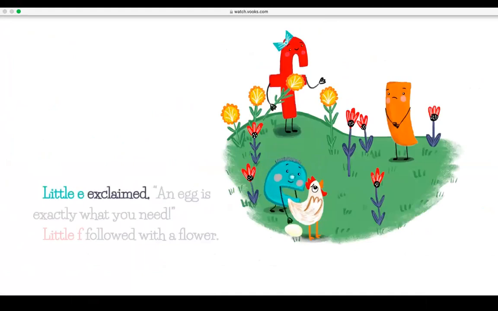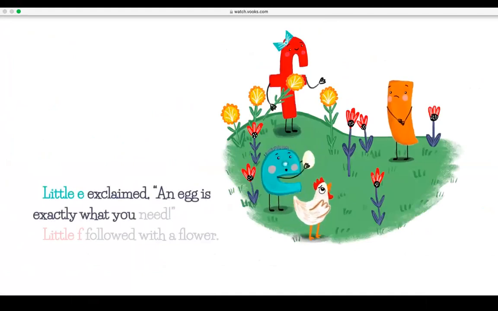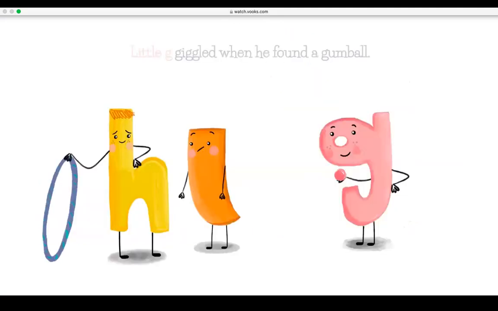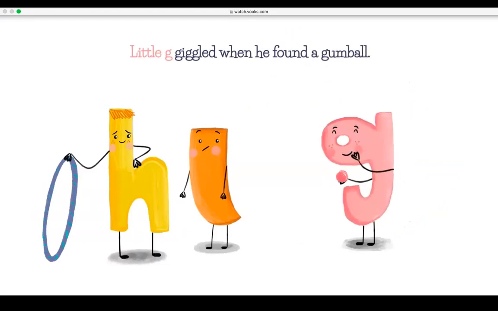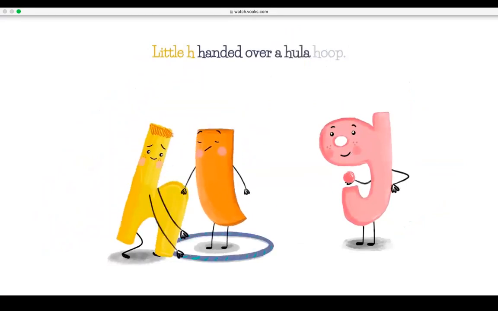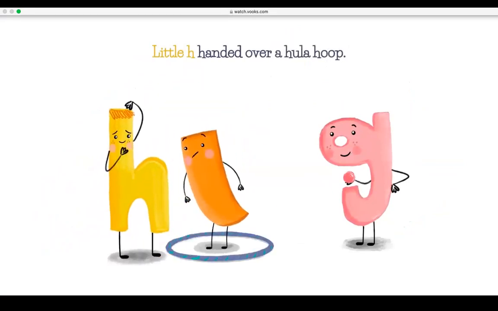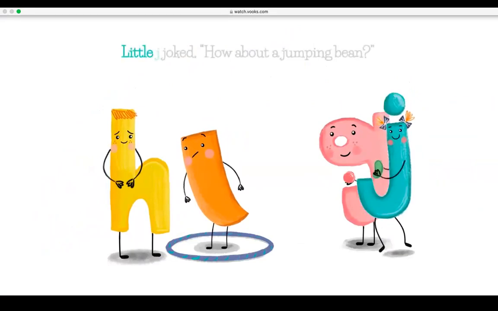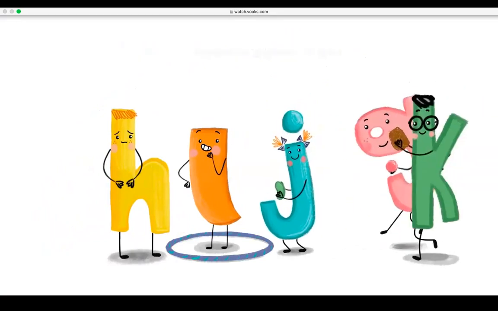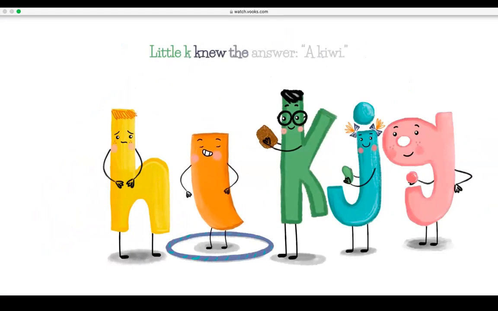Little E exclaimed, An egg is exactly what you need. Little F followed with a flower. Little G giggled when he found a gumball. Little H handed over a hula hoop. Little J joked, How about a jumping bean? Little K knew the answer.